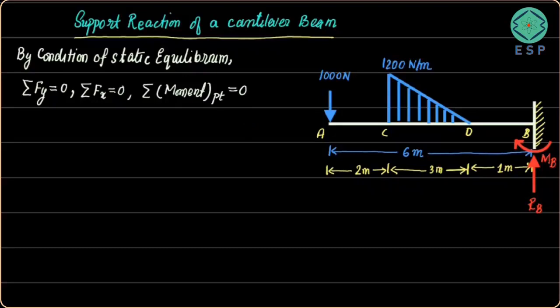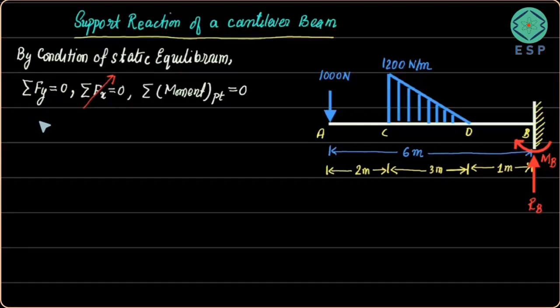This condition must be obeyed. As you can see, there is no horizontal force acting on the beam, only vertical forces. So the summation of forces in the x direction can be avoided. It is not required in this situation.